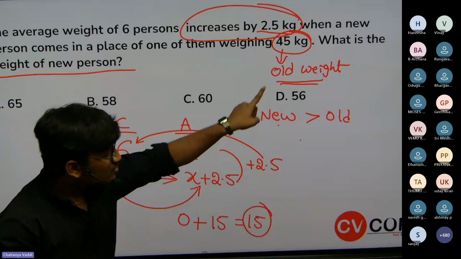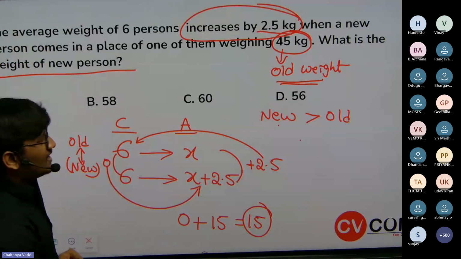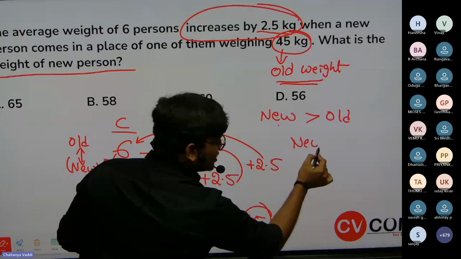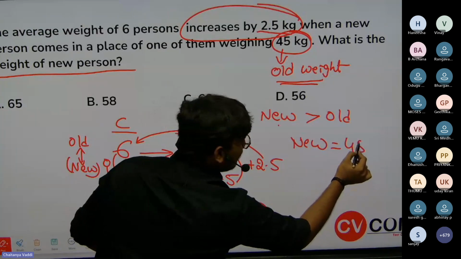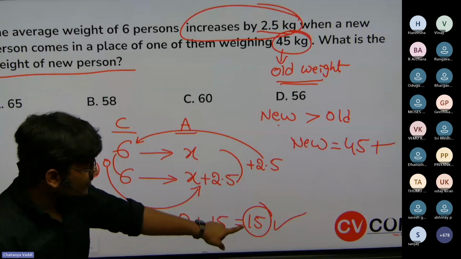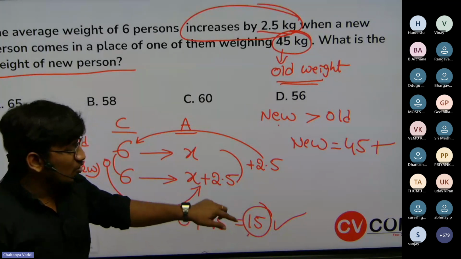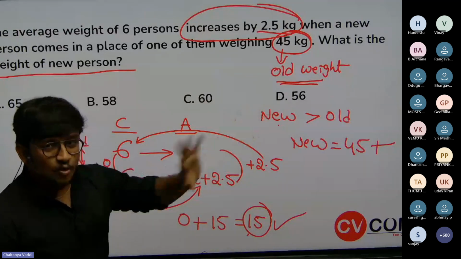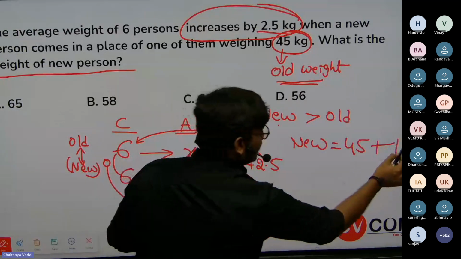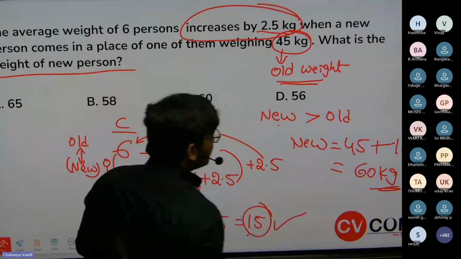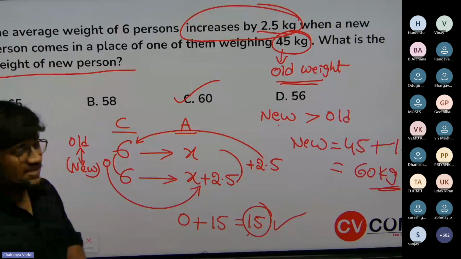When the new person's weight is more than the old person's weight, and the old person's weight is given as 45, then the new person's weight will be 45 plus, so what will be the answer? We got it here by using the shortcut, 15. This indicates the weight of the new person will be 15 kgs more than the old person. So I should add 15, that's it, which equals 60 kgs. The weight of the new person will be 60 kgs.